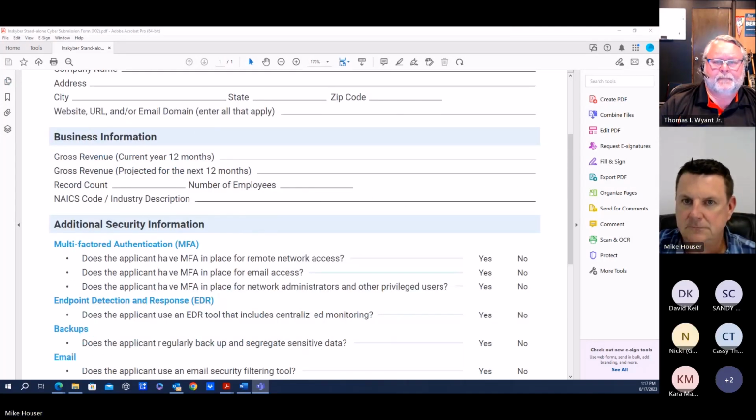How much does a no affect the coverage, the price of the coverage, if you had to guess? Or has it gotten to the point now where if you don't have MFA, you're done? I would have a hard time putting a percentage on it, and I wouldn't necessarily say you're done.